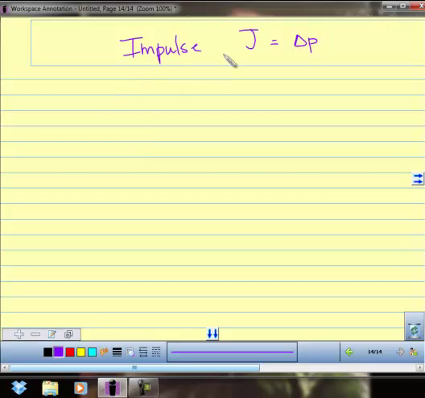When we're talking about impulse momentum, I want you to think of a change in momentum, and that's exactly what it is. It's final momentum minus initial momentum, because that is what the delta means. And that's equal to a force that's applied during a period of time. So impulse: change in momentum, force, applied during a period of time.